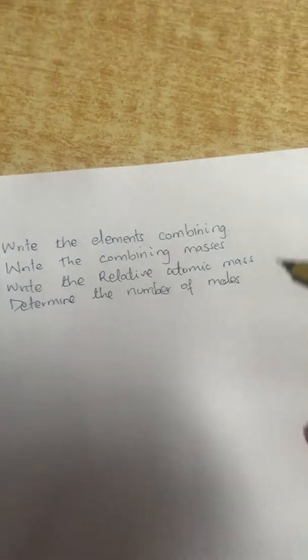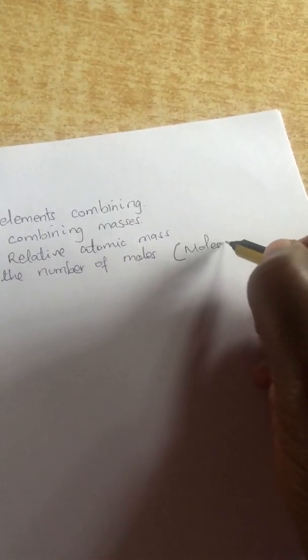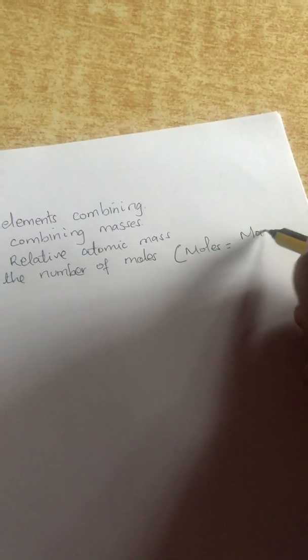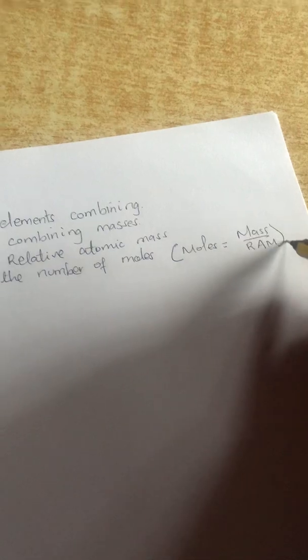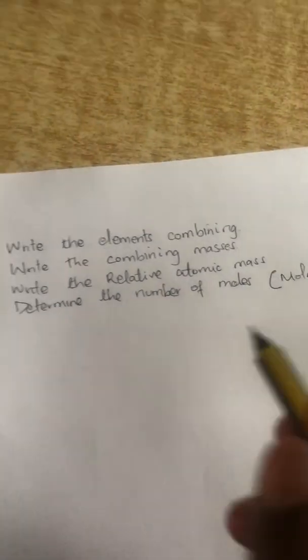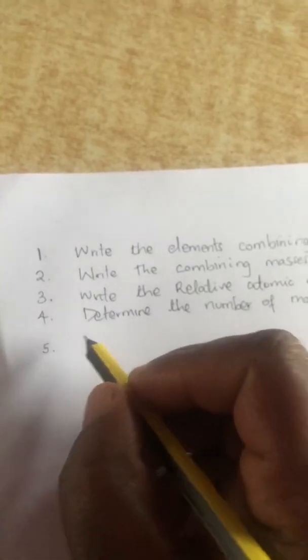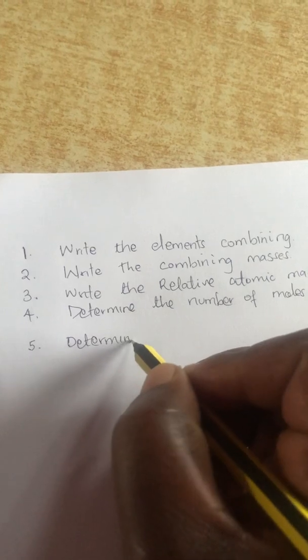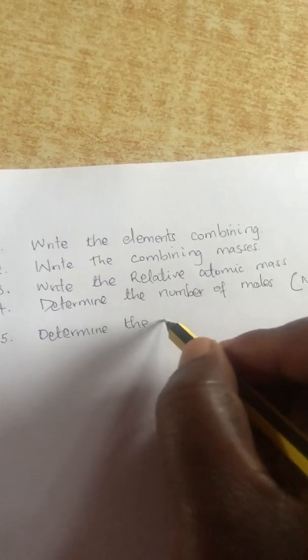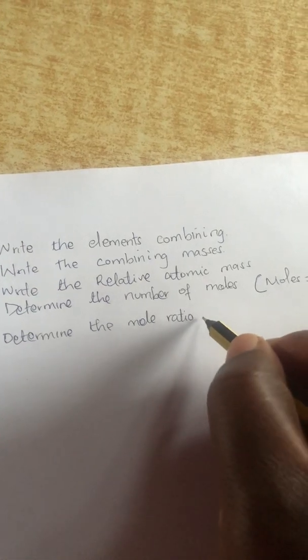In this we use the formula moles equals to mass over relative atomic mass, as you have stated above there. After getting the number of moles, the fifth step is to determine the mole ratio. How do we get the mole ratio?